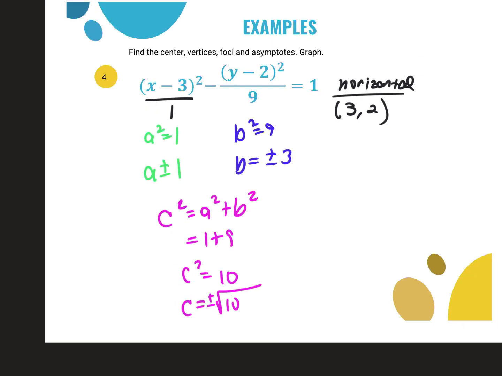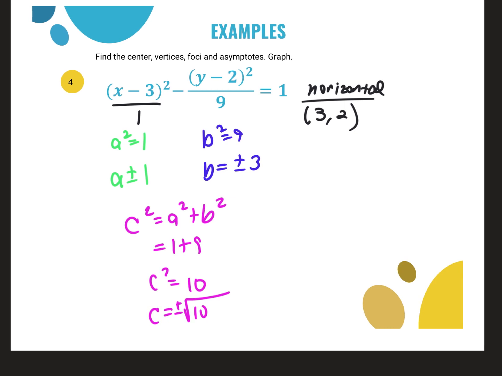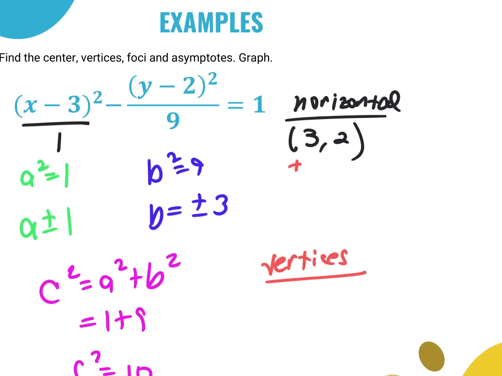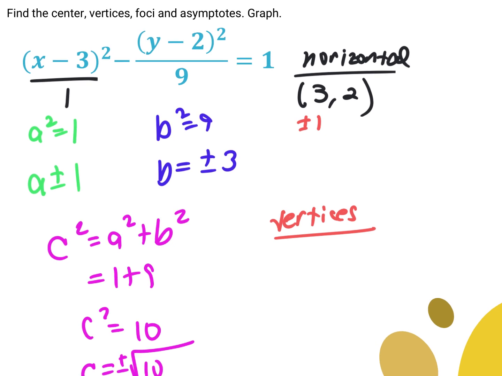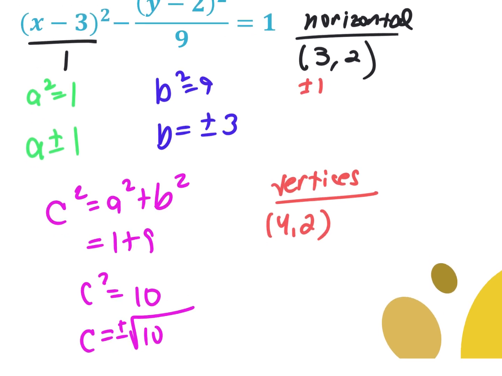That means from the center, guys, to find my vertices and my foci, where am I moving? Left and right or up and down? I'm moving left and right. Why? Because it's horizontal. So I'm going to add and subtract what to find my vertices? 1. To where? The x. So plus or minus 1. So my vertices are at 4, 2, and what? 2, 2.